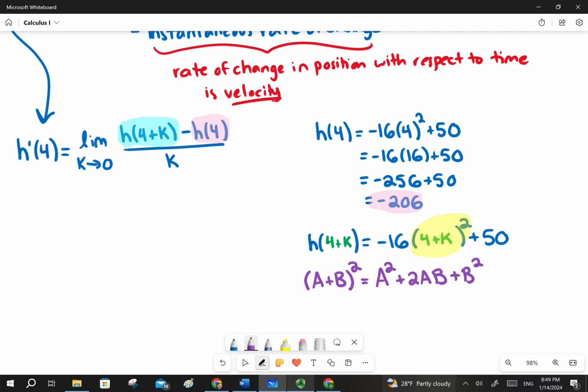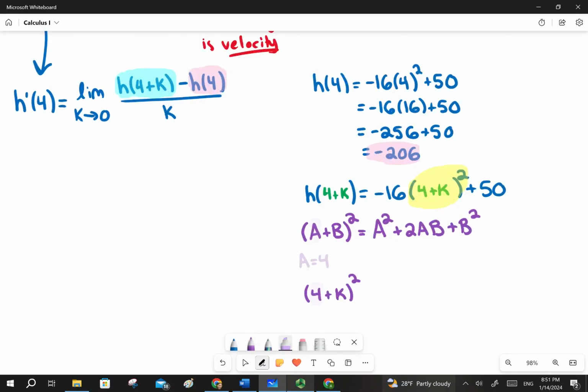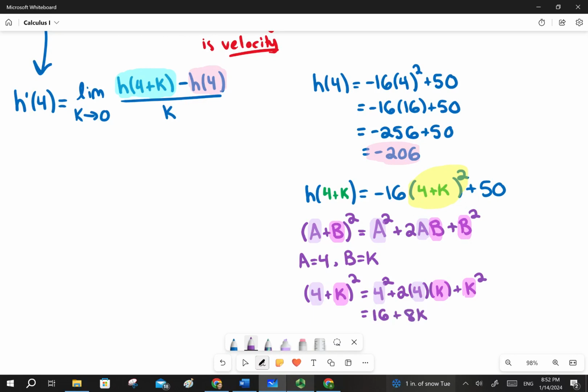It would have been referred to as a perfect square trinomial. Using that strategy here, with a equals 4 and b equals k, we get that 4 plus k squared equals 4 squared plus 2 times 4 times k plus k squared, which equals 16 plus 8k plus k squared.